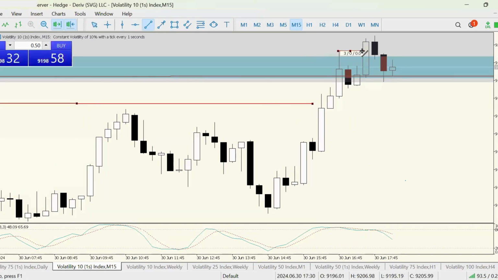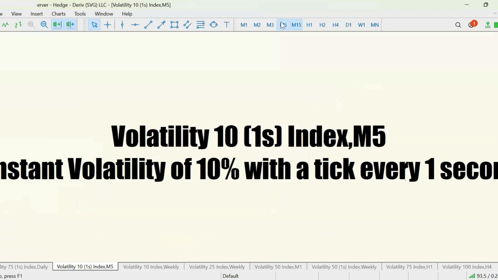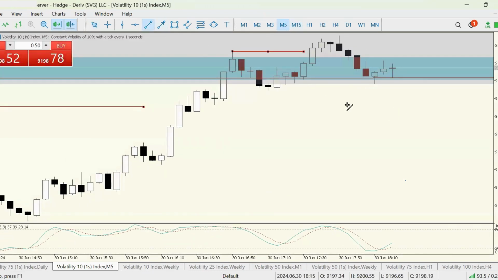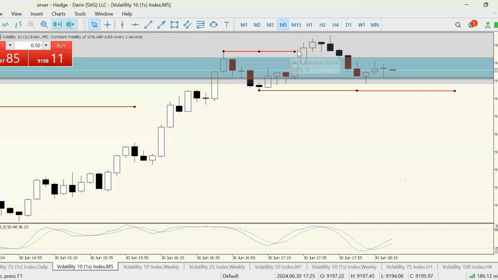We have a break of structure right there. We have a low right there. Buy side liquidity has already been taken by this movement.